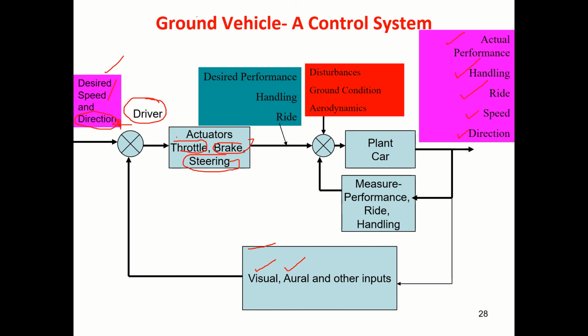That is, I can vary the speed, correct, increase the speed or decrease the speed. I can stop the vehicle or slow down the vehicle. I can change the direction, steering, right, to avoid obstacles and other things. This is fine.